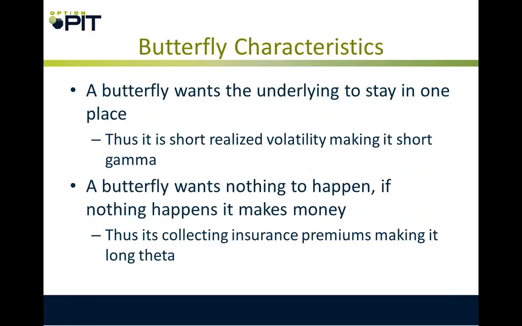So in this case, you want the underlying to sit. You want the stock not to move. Thus, it's short realized volatility. The measure for exposure to short realized volatility is short gamma. This spread is short gamma. A butterfly wants nothing to happen. If nothing happens, it makes money. Well, if you're an insurance company and no one gets in a car accident, do you make money?